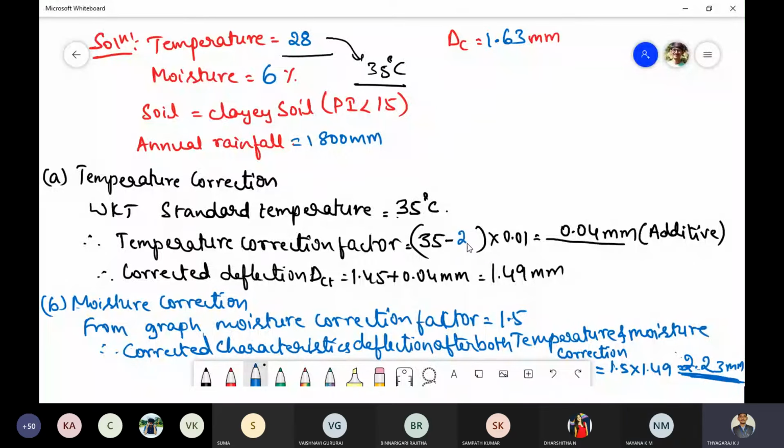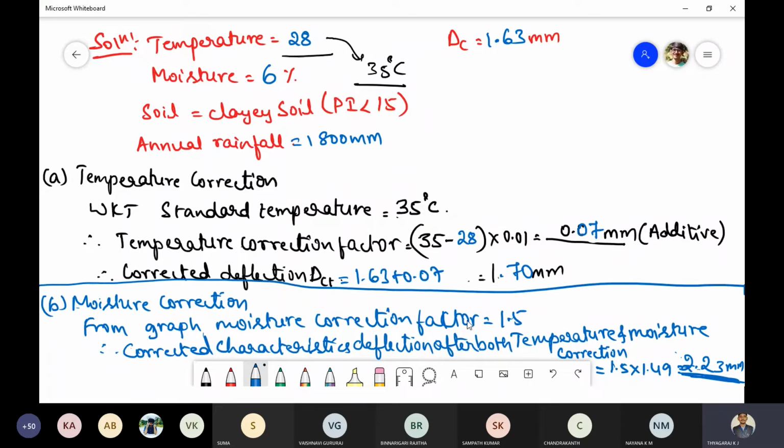Now calculate the correction factor. 35 minus 28, so you'll get around 0.07 mm, which is additive in nature. So 1.63 plus 0.07 mm, so you'll get 1.70 mm. Then up to here you solve. Wherever I mark the line, up to here you solve. Later on we will see the moisture correction from the graph.